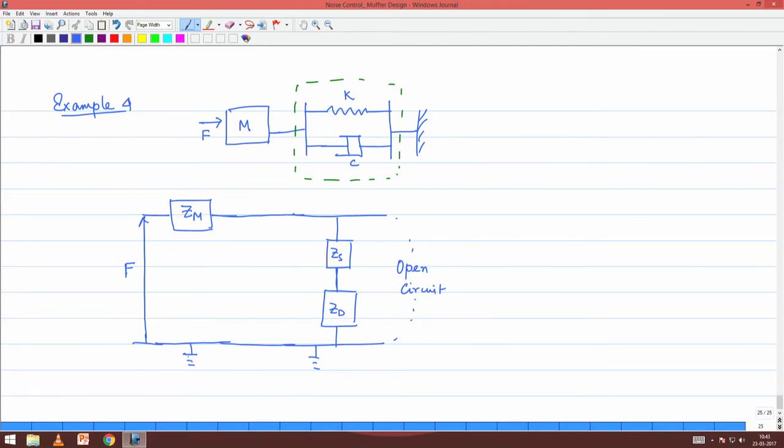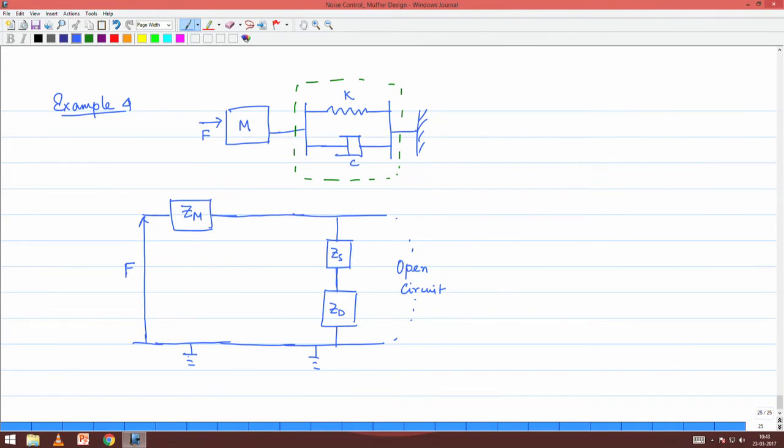Please understand that fundamentally the spring and the damping element should come in the shunt position. The fallacy happens because this shunt position is left open on its other end, right. Because it is being left open in the other end, you are able to interpret this circuit where the spring, mass and the damping element are actually in series, right. But fundamentally it is that the spring and the damping element are in shunt with respect to the mass, right.